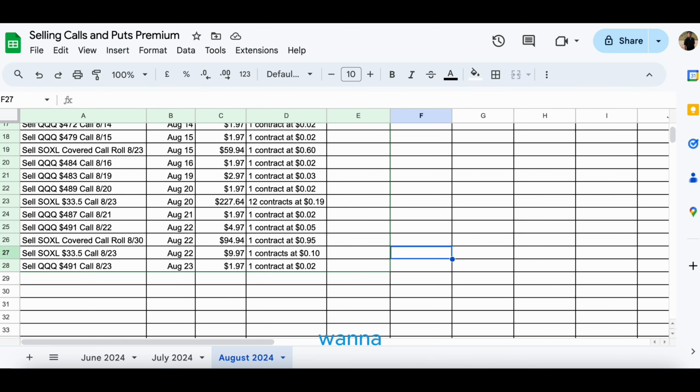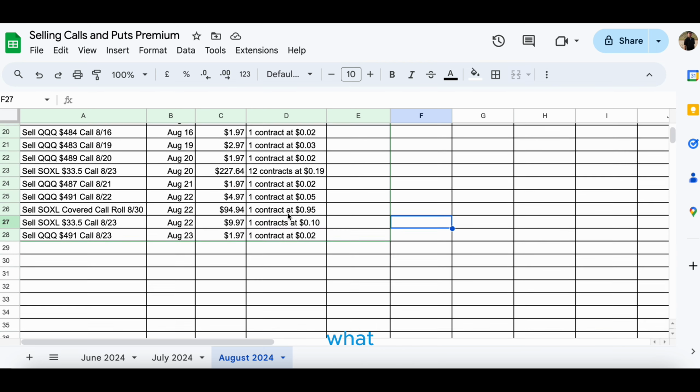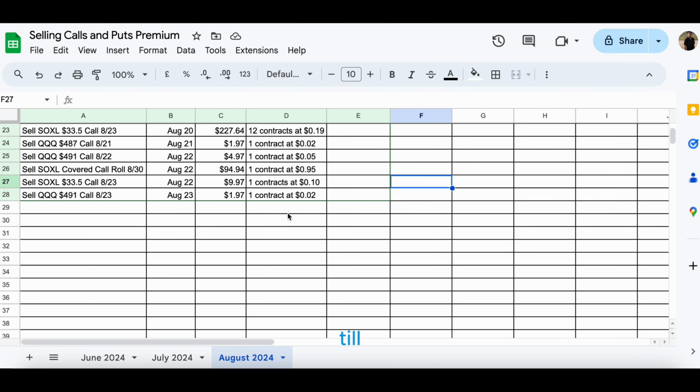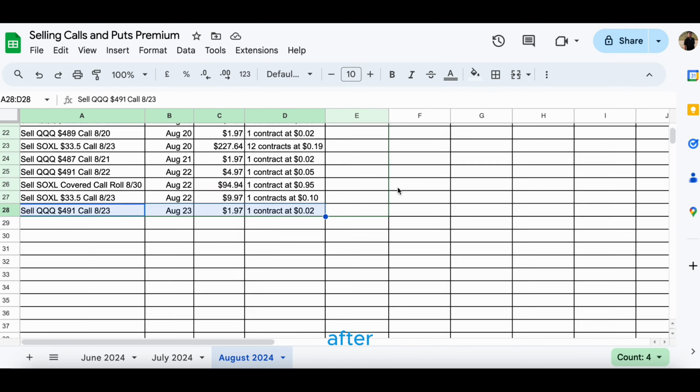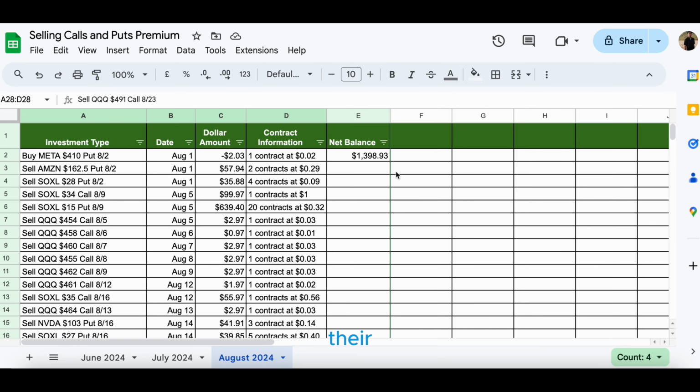One last thing that I want to show you is the performance of my selling calls and put premium. For transparency, I wanted to show you what I have made to date. So this is the call that I sold today, a covered call at a 491 strike price. Today is the date and it's expiring today. I collected $1.97 after paying Robinhood the fee that they have to pay forward.